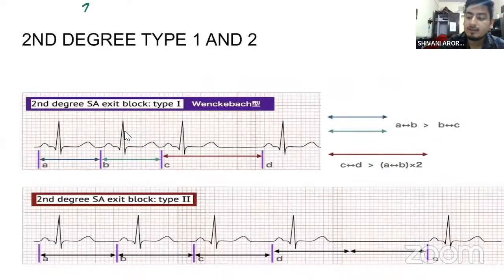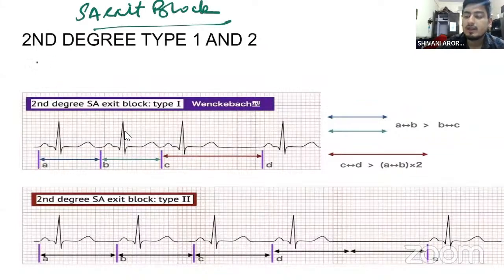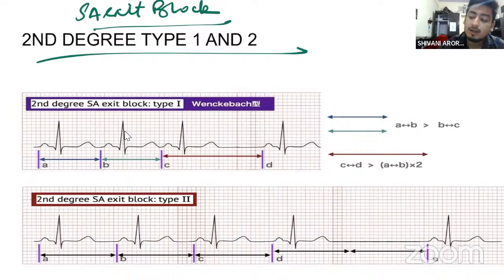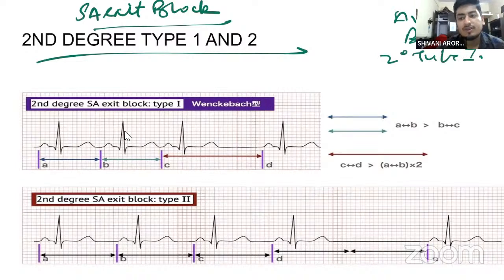Now, SA exit block, second degree type 1 and 2. Okay. So, like in AV node block second degree type 1, there is progressive prolongation of the PR interval, which is followed by a skipped QRS.